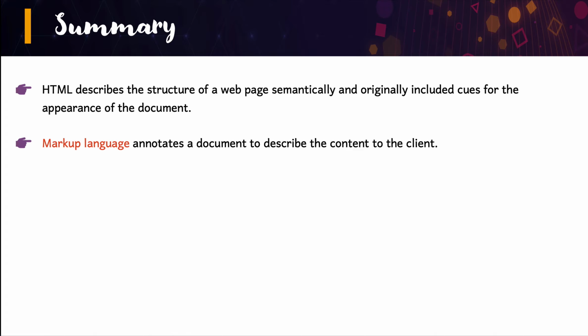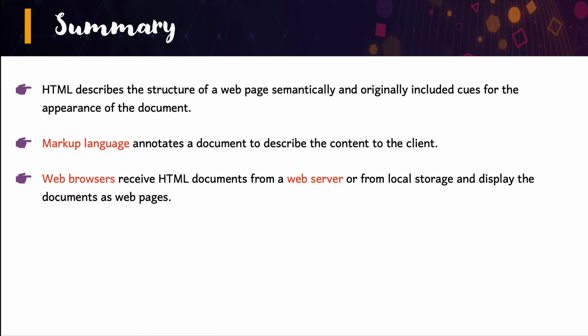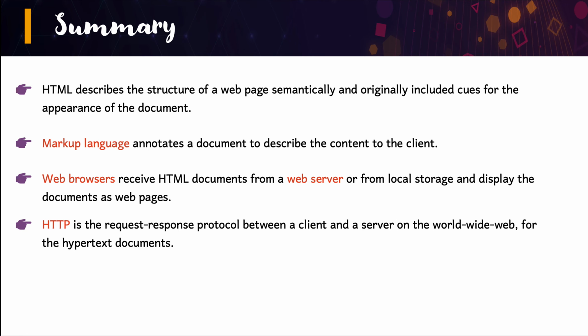Markup language essentially is a set of tags that annotate the document, and these tags represent instructions on how to display certain content. The browsers receive the HTML documents from a server or from local storage, and then they process the tags and then display the HTML documents as web pages to the user.